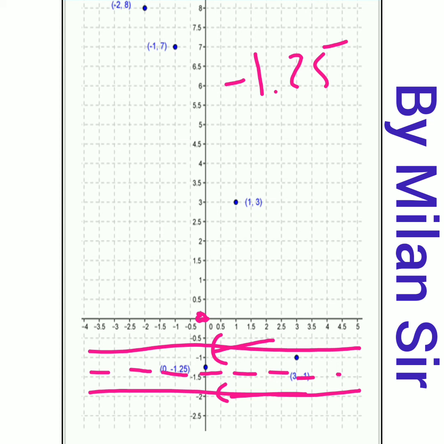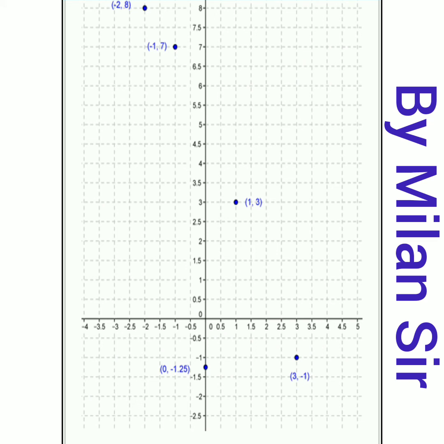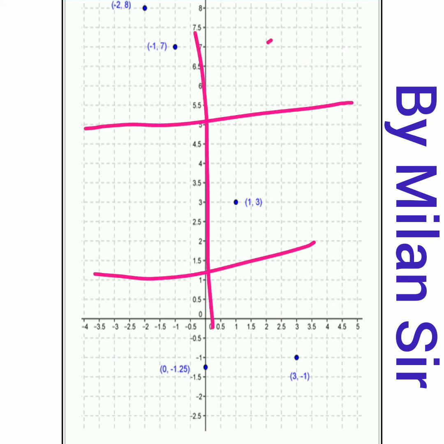In between these two dark lines, that means in between minus 1 and minus 2, you have one light line. This light line represents the midpoint. If here you have minus 1 and here you have minus 2, the exact midpoint is minus 1.5. So your light line represents minus 1.5.